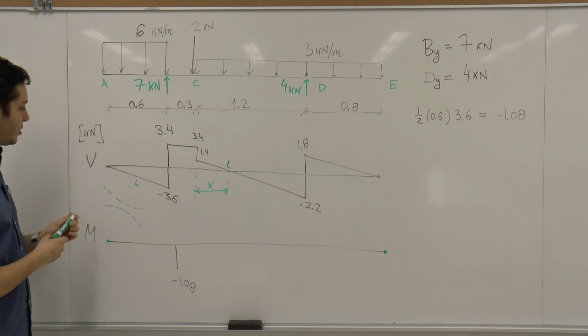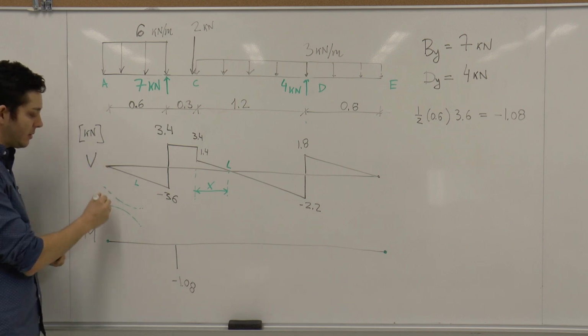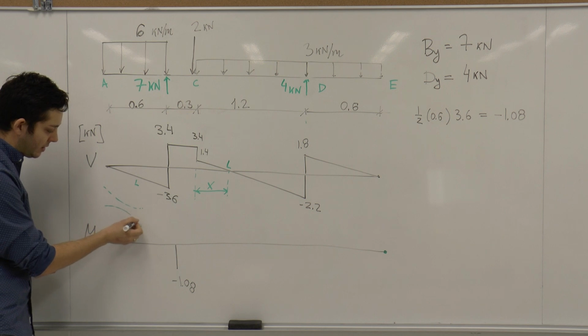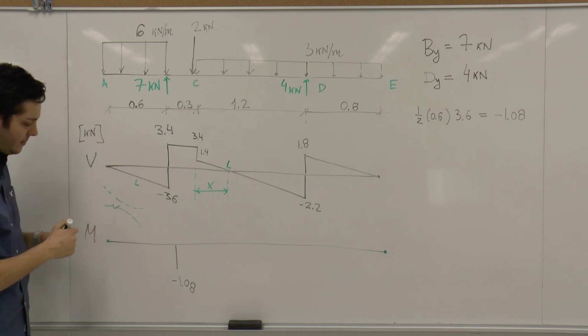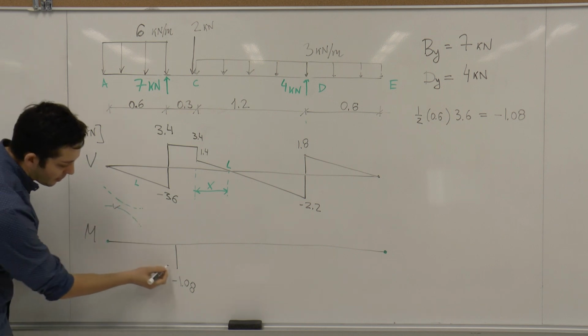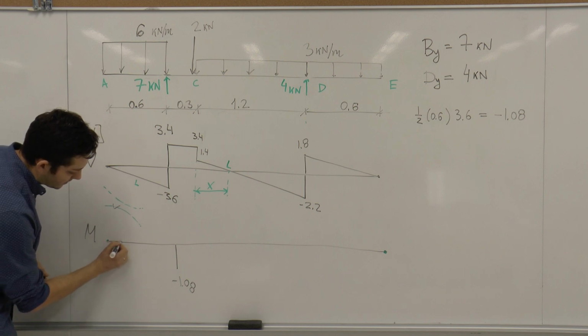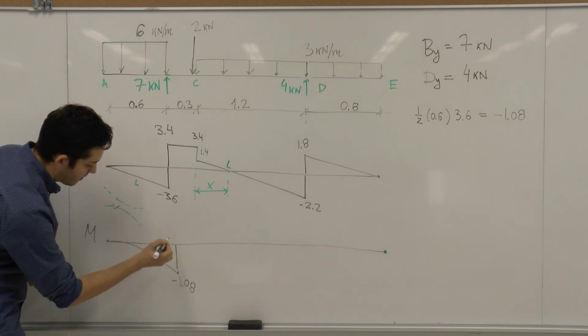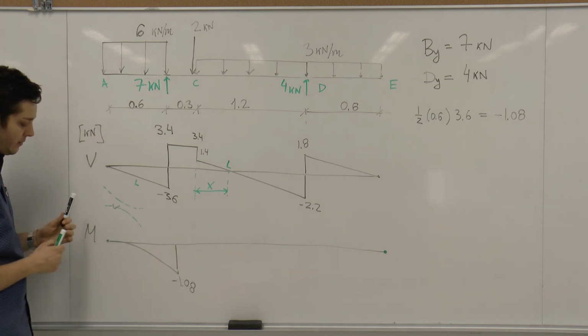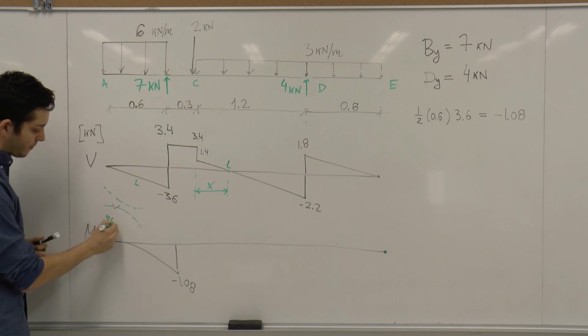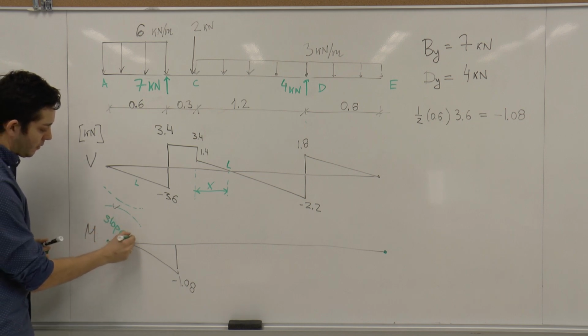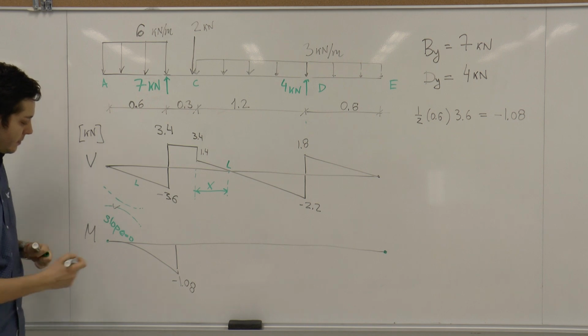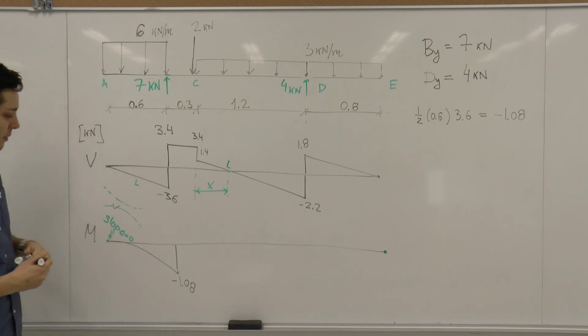So we're starting from shear equal to 0, so we know that the slope at this point is equal to 0. So it means that this is the right solution. So the moment diagram will look like this. Okay? We can write here even slope 0 at this point.